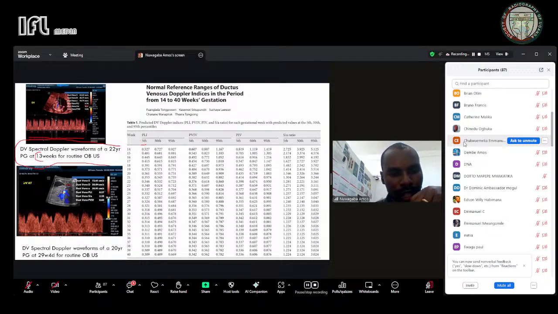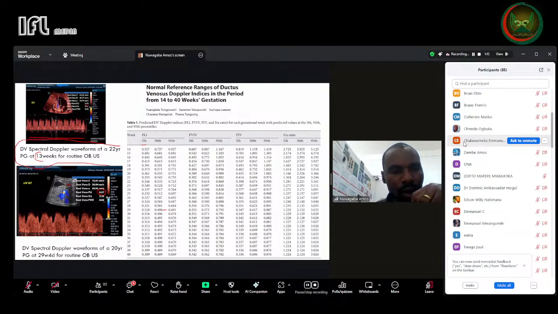The second image was for a 20-year-old primigravida at 29 weeks and 4 days, and the preload index was 0.57. And if we go to 29 weeks, 0.57 lies between the 50th percentile and the 95th percentile.